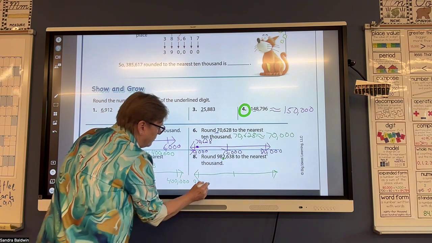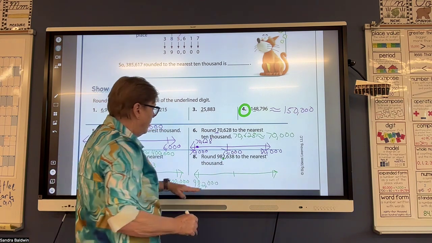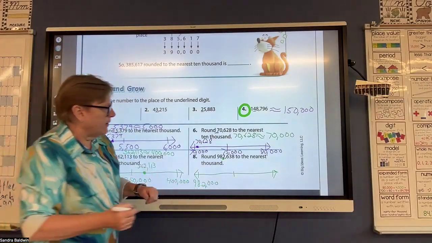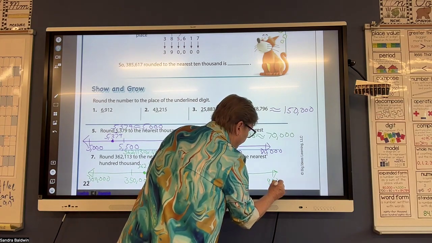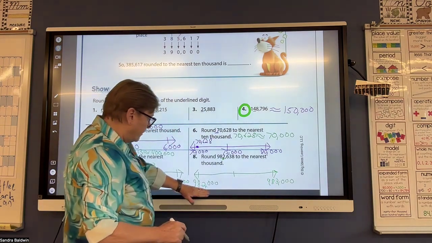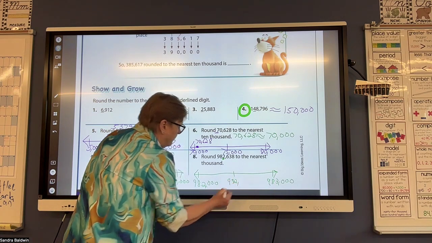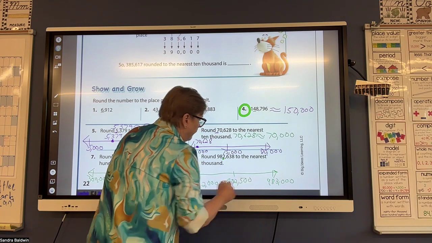Then substitute zeros for what comes after. 982,000. One more than 982 is 983. 983,000. Halfway in between, I copy this part of the number, 982,000. But instead of a 0, I'll put a 5, 500.